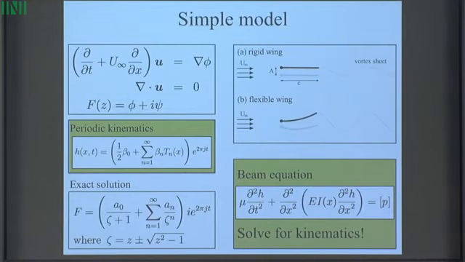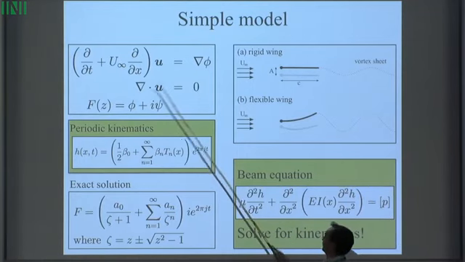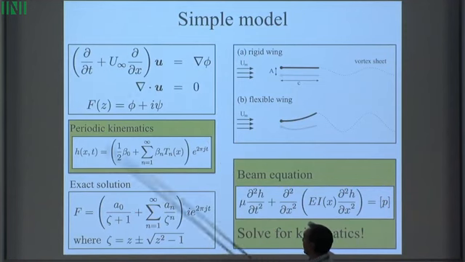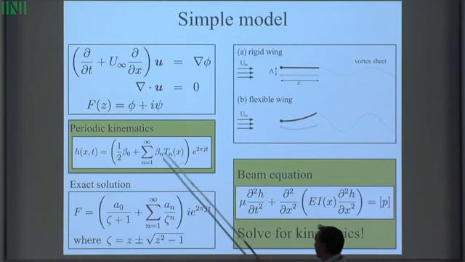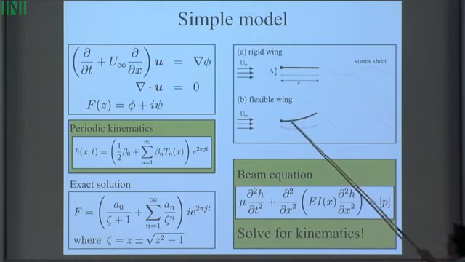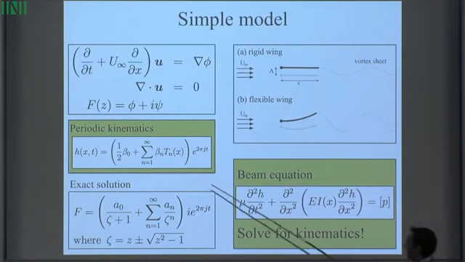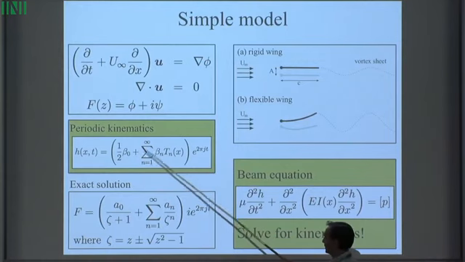Okay, so I use this simple framework again, the Wu theory, same linearized Euler equations. This is the analytic function again, where phi is the pressure, and that's the harmonic conjugate. The kinematics are going to be different. So now to describe bending of the wing, I won't bend the stick, but to describe that bending, I need a full Chebyshev series.